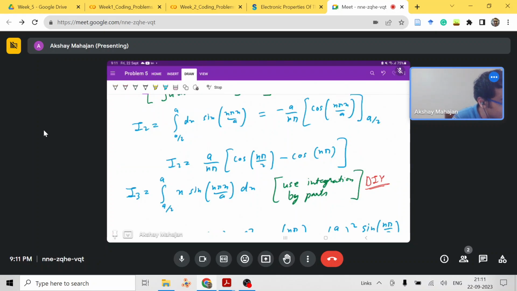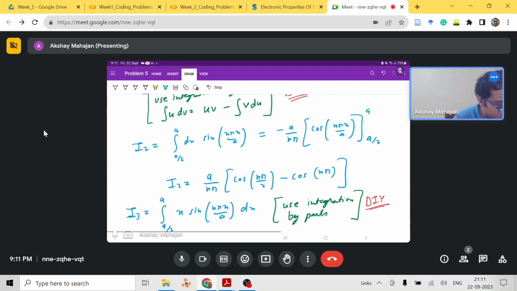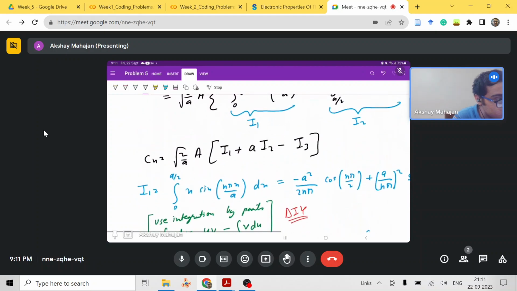Then we have a minus sign with this, that is 3 times I2.